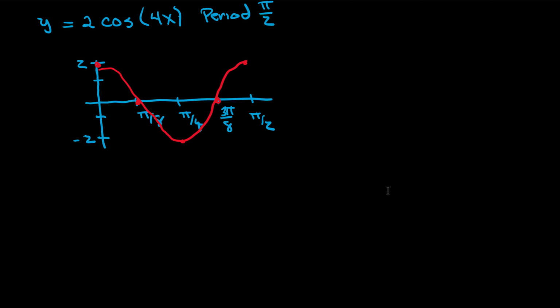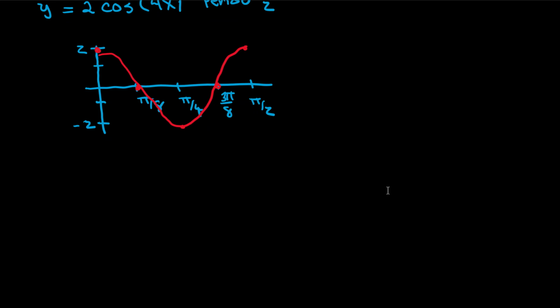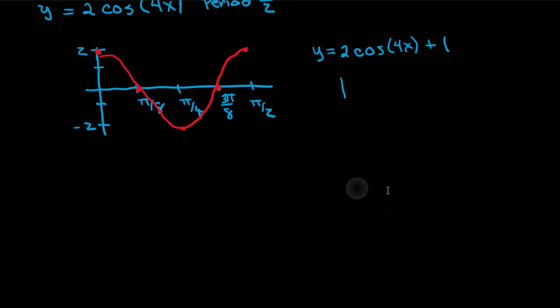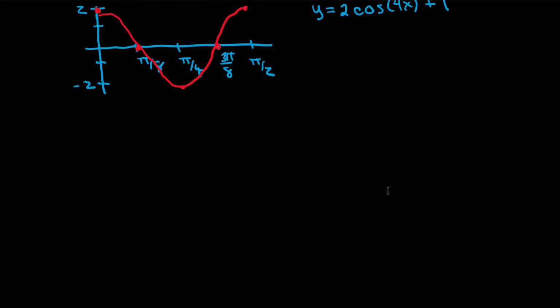The last thing we're going to do is take this 2 times the cosine of 4x, and add 1, which is going to mean that every y value is going to get 1 unit bigger than what it was before. So how that's going to affect us here is our graph is now going to go up 1 higher.